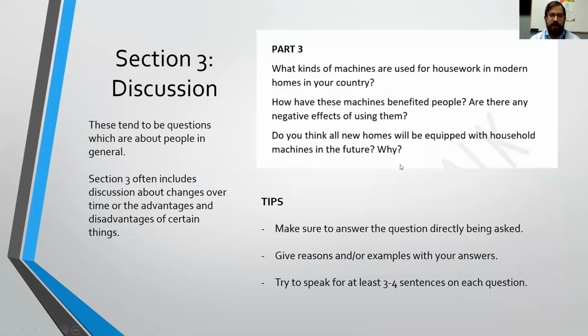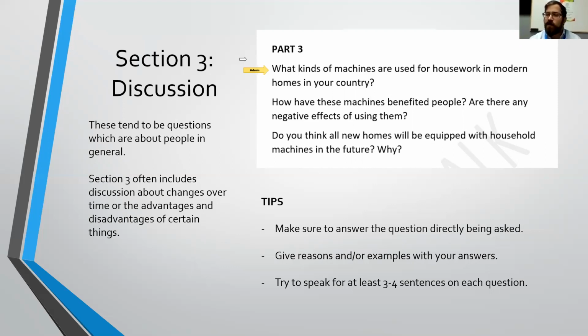Let's look at section 3. So these tend to be questions which are not just about you, but are about people in general. Section 3 often includes discussions about changes over time or the advantages and disadvantages of certain things. So we have some examples here for you of what section 3 discussion may look like.